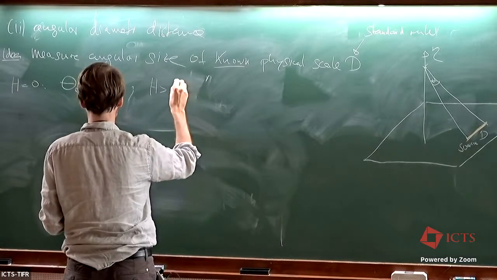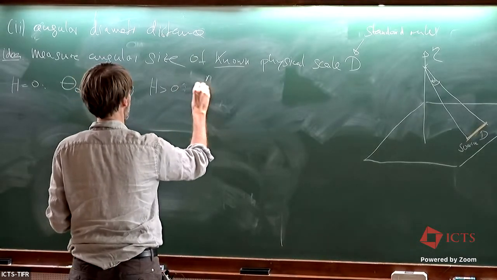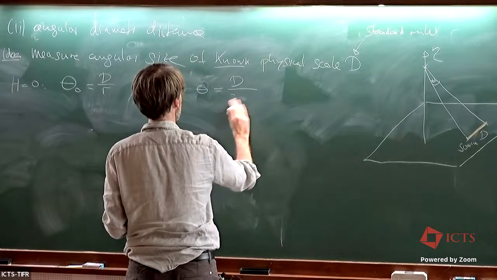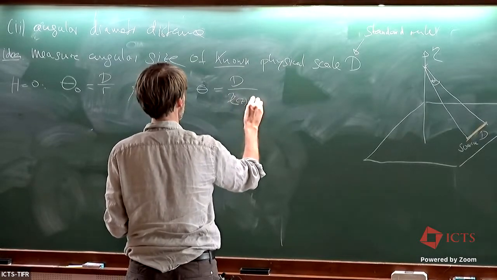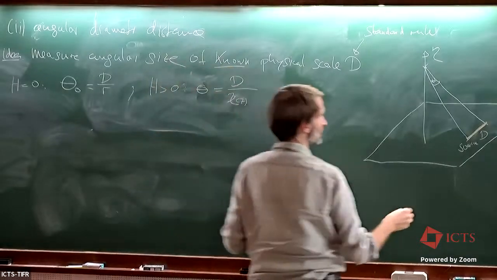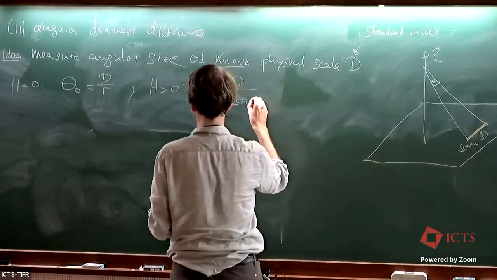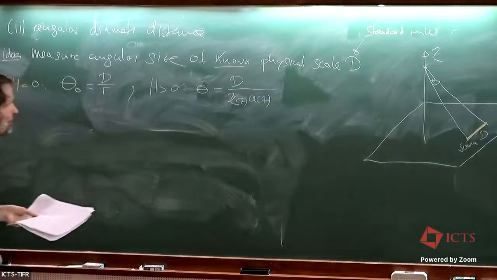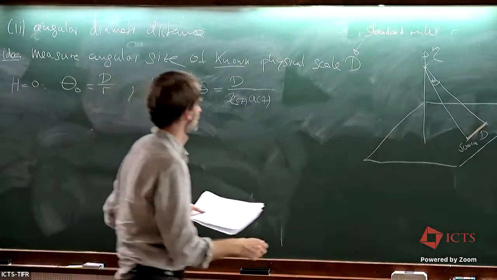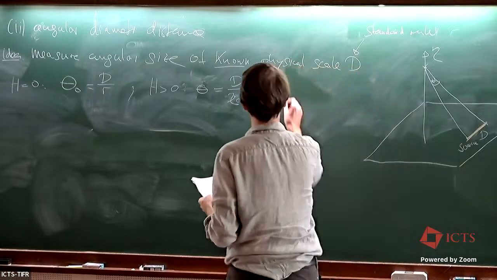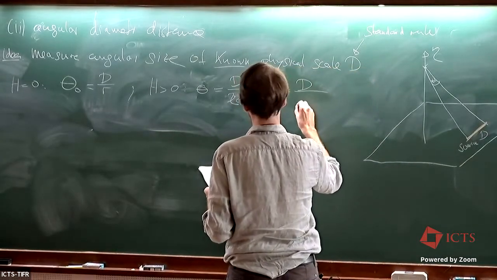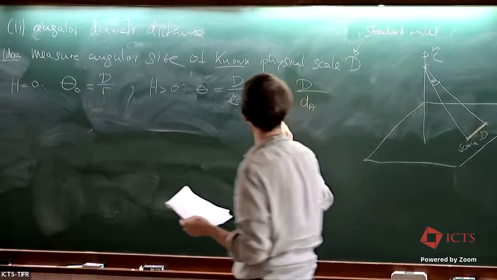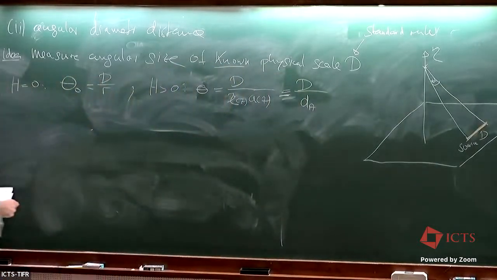We just generalize it by saying it's the physical scale divided by the co-moving scale times the scale factor. And this then defines the angular diameter distance. So in analogy to what we did before.